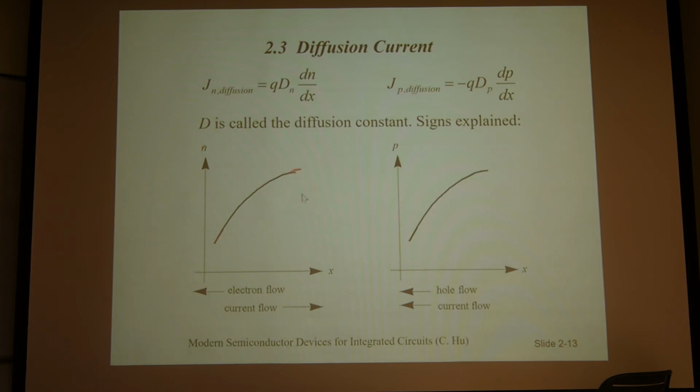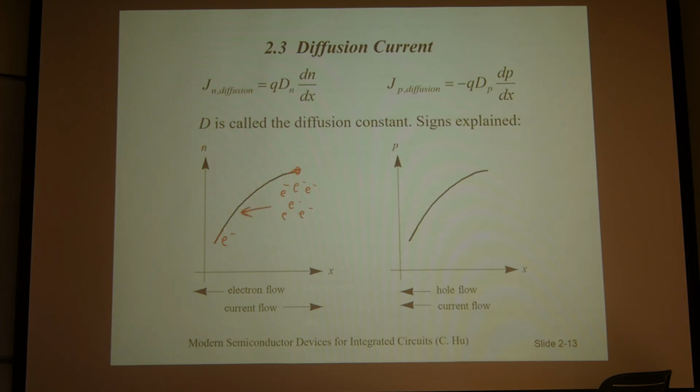here we have higher concentration, that means we have more electrons. So here we have less electrons. So if we have this kind of profile for the density of the electron, then as we discussed, the electrons tend to move this way.